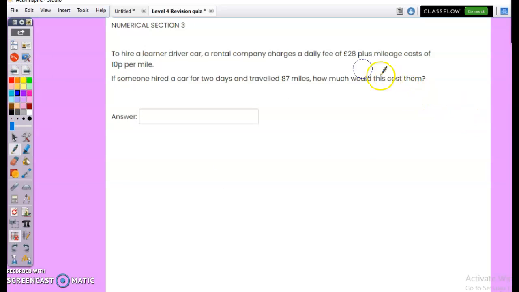To hire a car, a driver would charge £28 per day and 10p per mile. So this one's for 2 days. So I need to times 2 by 28, which is 56. It's 10 pence per mile, and 10 pence is 0.10 pounds, which gets it into the same units. That's for 87 miles.